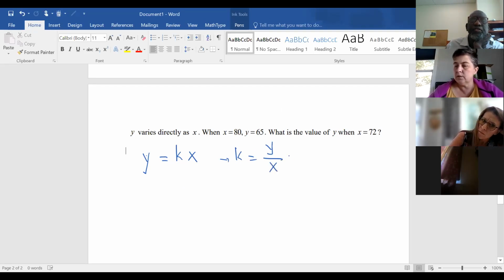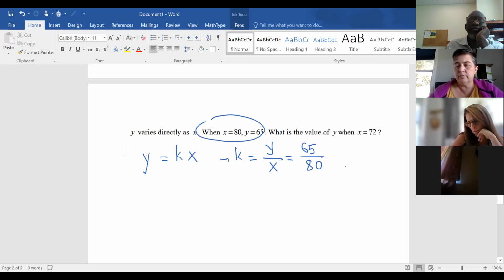So then I filled in the spots with the information. So I put k equals 65 over 80. Yep, that's right. And then I divided 80 into 65, and I got 0.8. Okay, that's correct. And then I wrote the second equation, y equals 0.8 times 72.